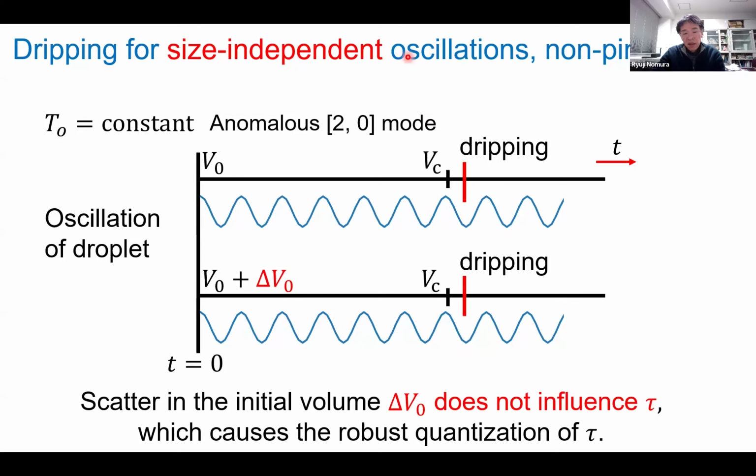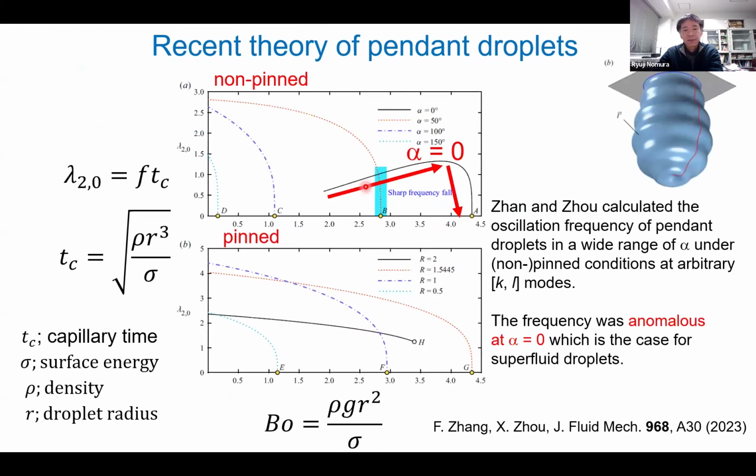So the scatter in the initial volume, delta V0, does not influence the timing of the dripping. So this causes the robust quantization of the dripping period tau for the non-pinned case, the anomalous 2-0 mode case, I think. And this is my present understanding or explanation for the difference between these two cases.